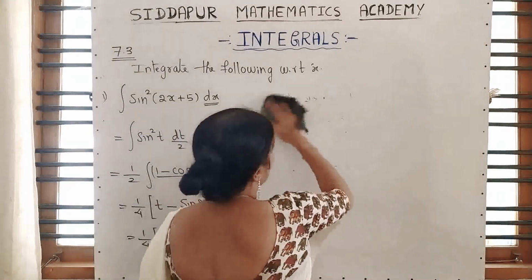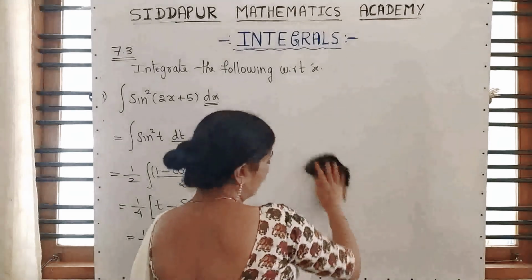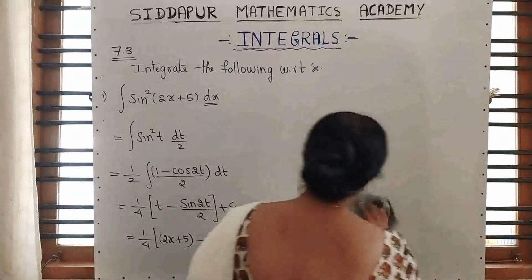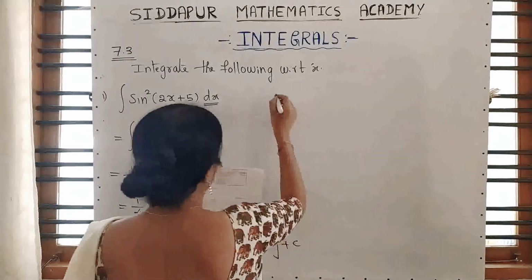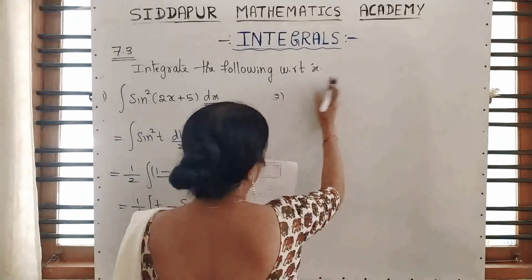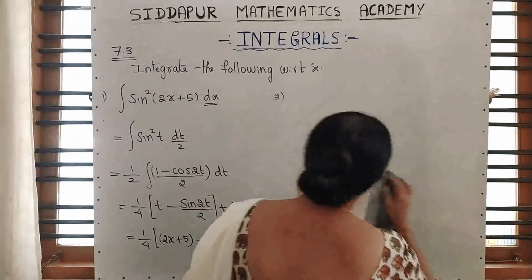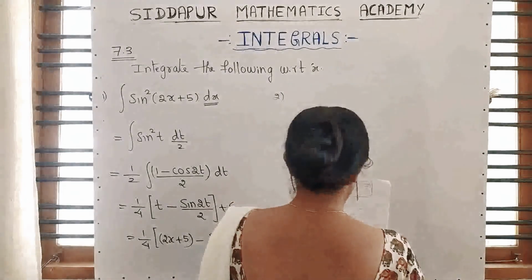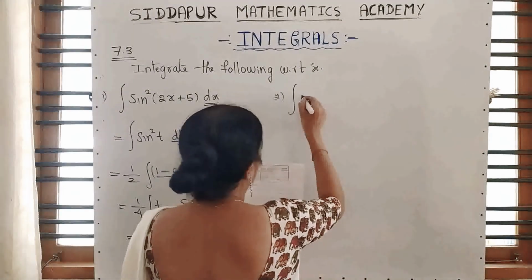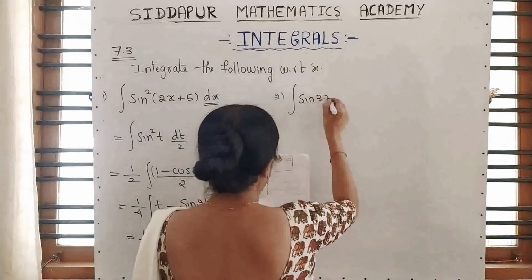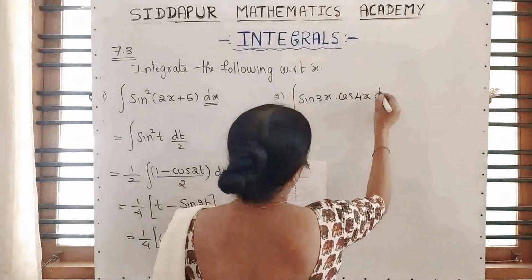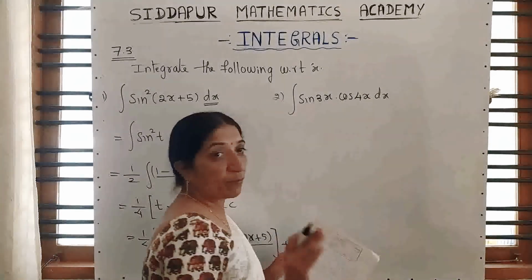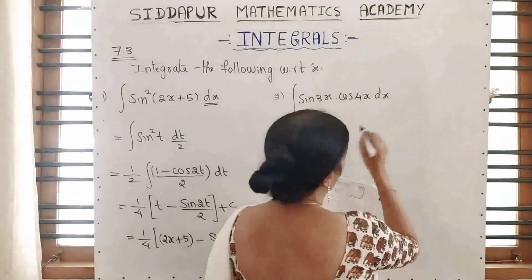Moving to the next question. In the NCERT, second question. This is sin 3x into cos 4x, and we don't have a product rule in integration, but we are familiar with this formula.